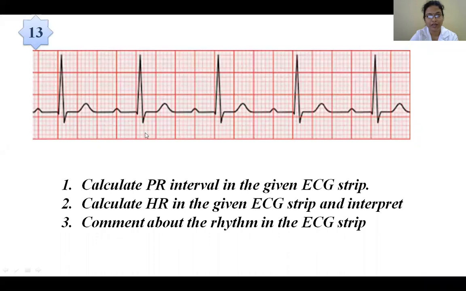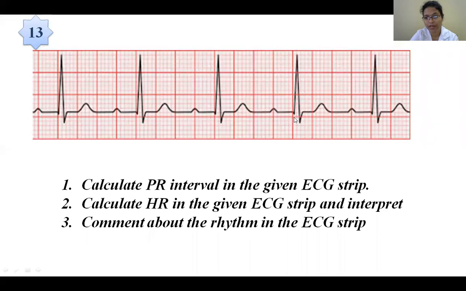Now again calculate the PR interval. So you look at this strip. Calculate heart rate in this given ECG strip and interpret, and also comment about the rhythm in this ECG strip. So if you look at this strip, here there are 1, 2, 3, 4, 5, 6, from the start of P wave till the beginning of QRS complexes.